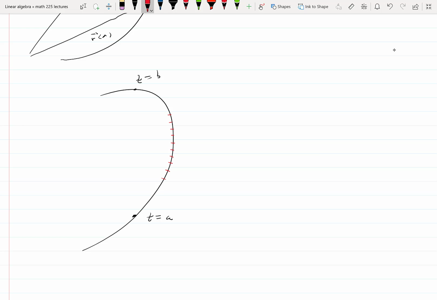Each of those little changes in arc length we can refer to symbolically as ds, rather than delta s. The reason we use ds is that it's technically called a differential of s, and for us we can interpret it as meaning that we're looking at an infinitely small change in the curve, whereas delta s would be a small but not infinitely small change.